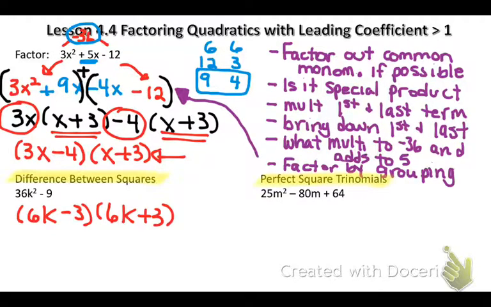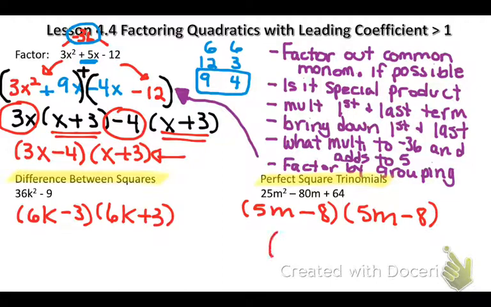Perfect square trinomials. We ask ourselves, is there anything I can factor out? And the answer is no. And so I see that I have perfect square at the front and back end. So I'm going to try 5m minus 8 times 5m minus 8.